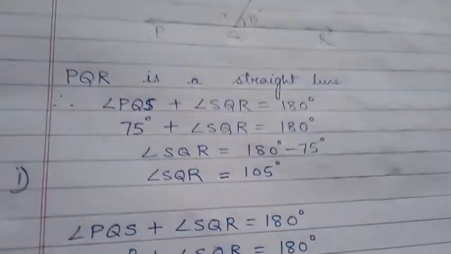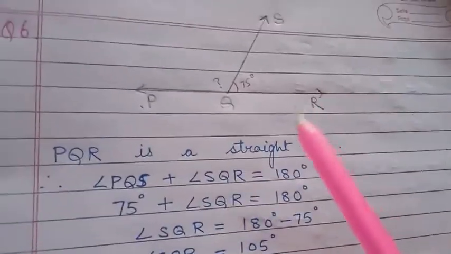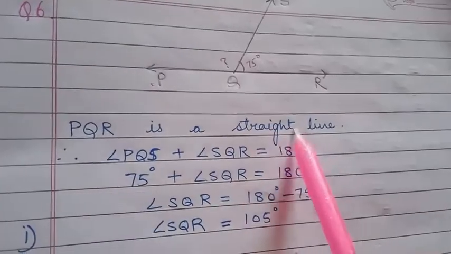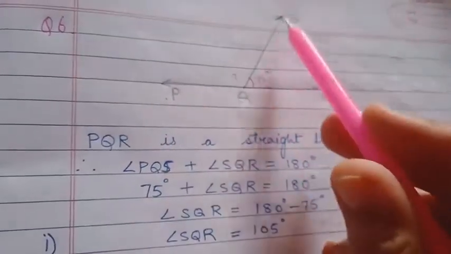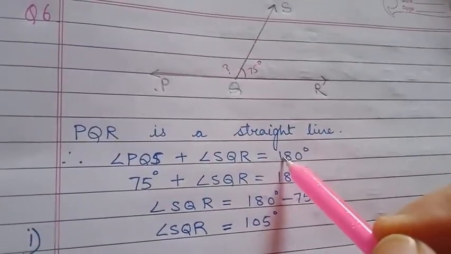Since PQR is a straight line, now the question is how to find such type of questions. This comes for the first time, so you should understand. PQR is a straight line, so angle PQS plus angle SQR is equal to 180 degrees.